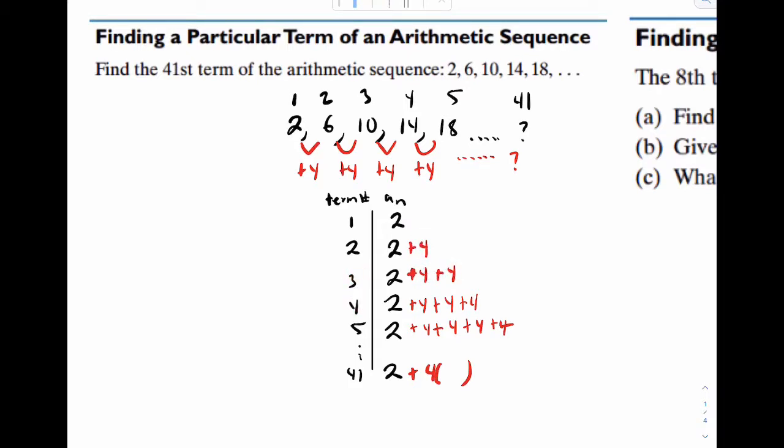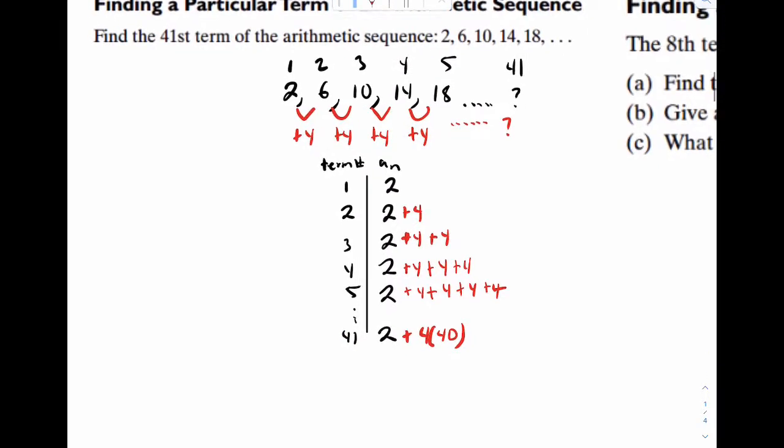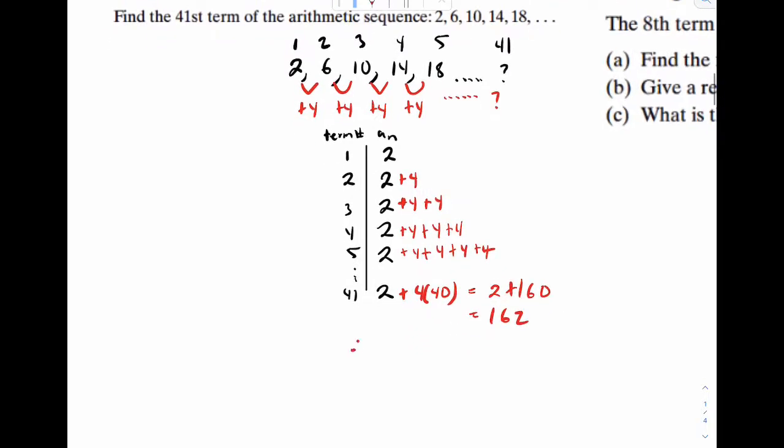On the fourth term, there are 3 4s. On the fifth term, there are 4 4s. So in the 41st term, there should be 40 4s. So the answer should be 2 plus 160, which is 162. So therefore a sub 41 is 162, meaning that's your 41st term.